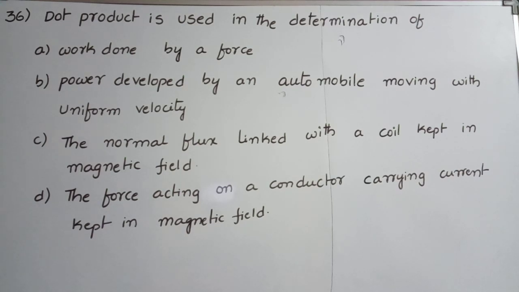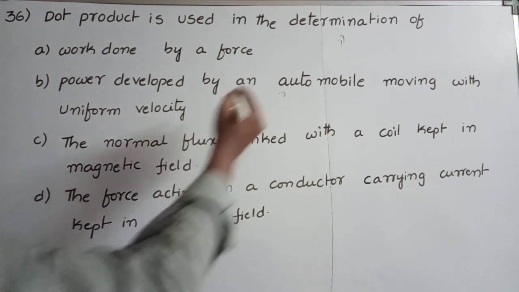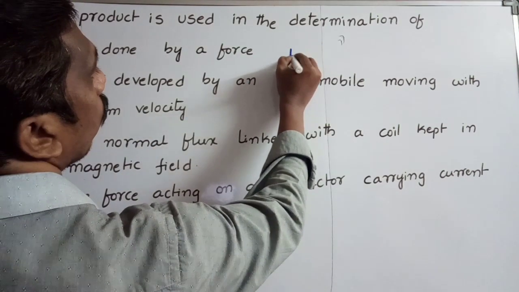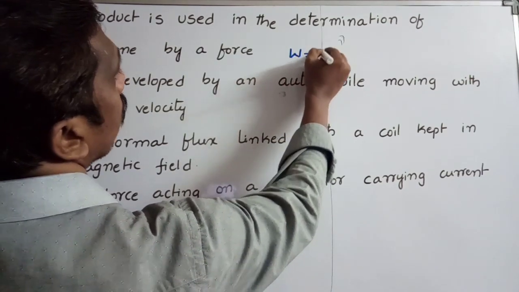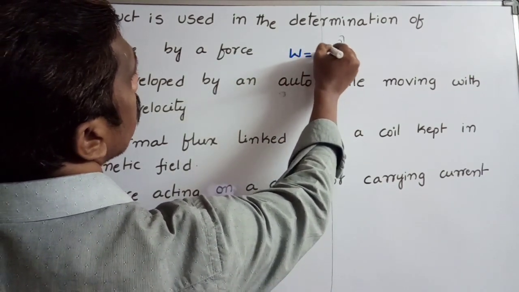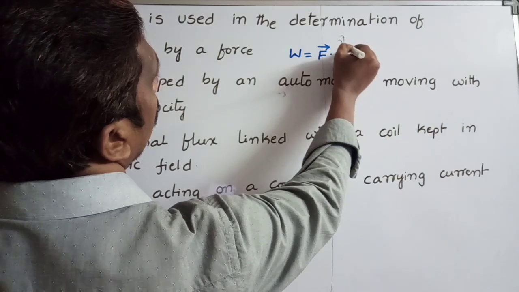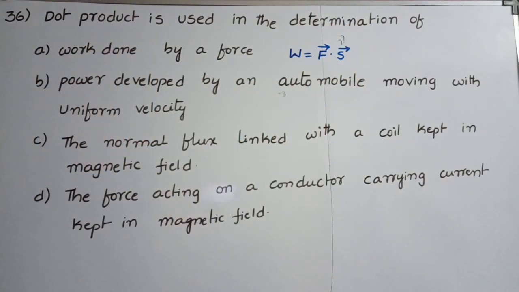Problem 36. Dot product is used in the determination of: first option, work done by a force. We know the work done formula, W is equal to F bar dot S bar, so in work done we are using a dot product. Second option, power developed by an automobile moving with uniform velocity.